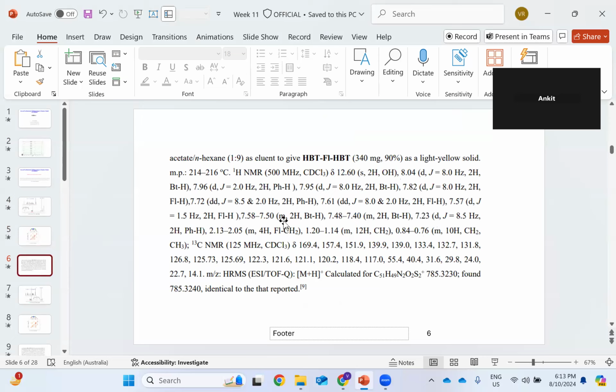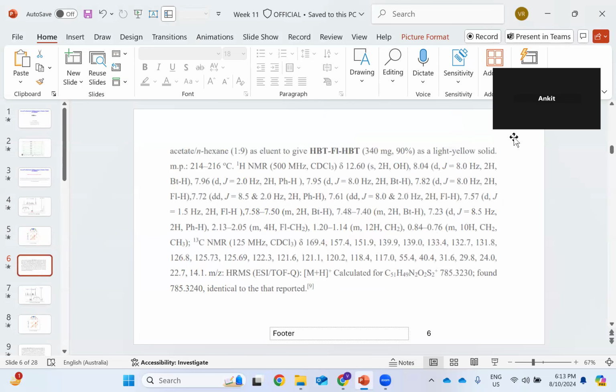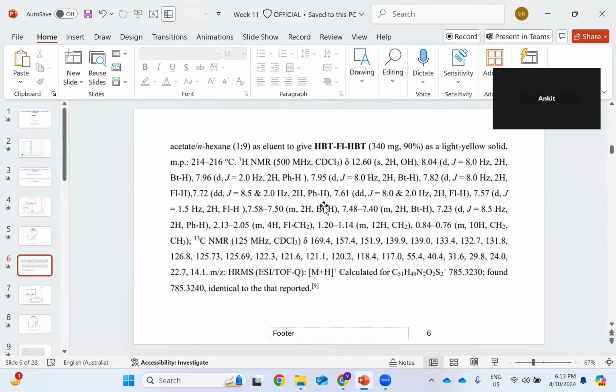So if you see here, this multiplet at 7.58 to 7.5 ppm is due to two hydrogens which come from the benzothiazole.